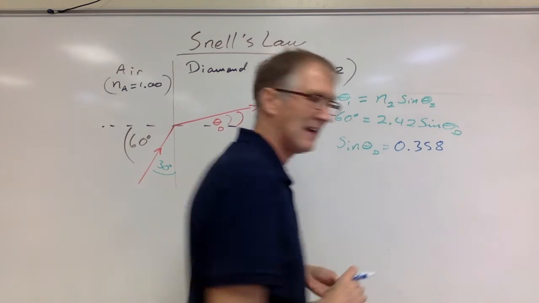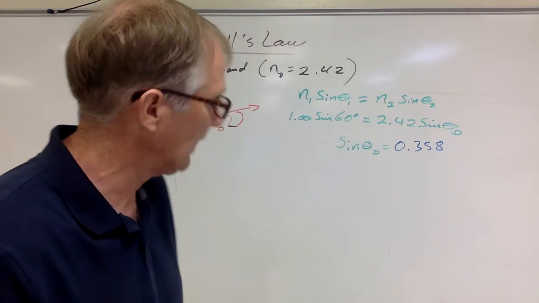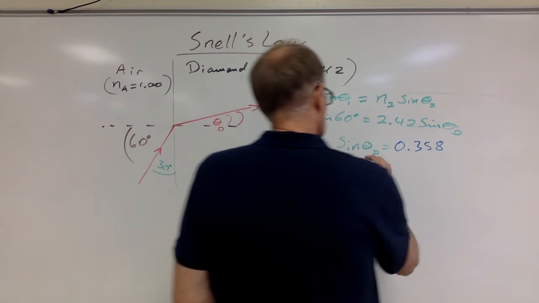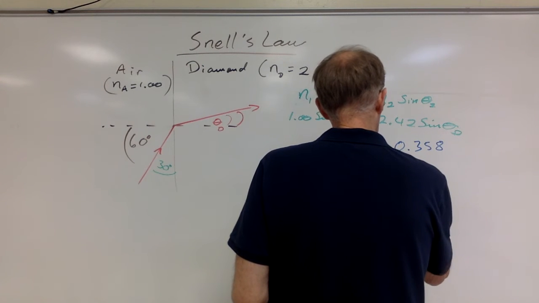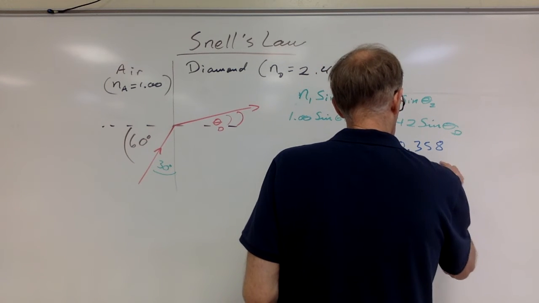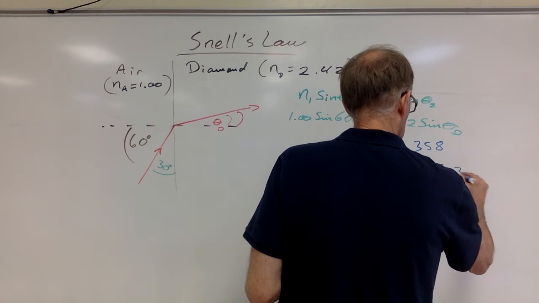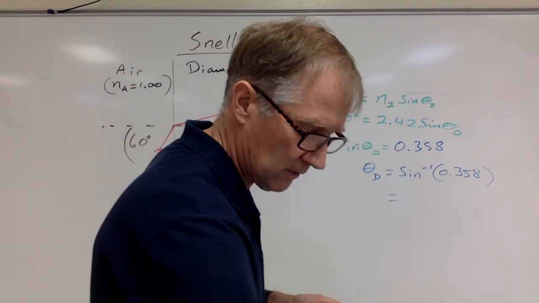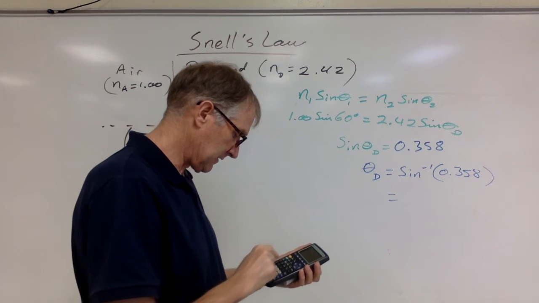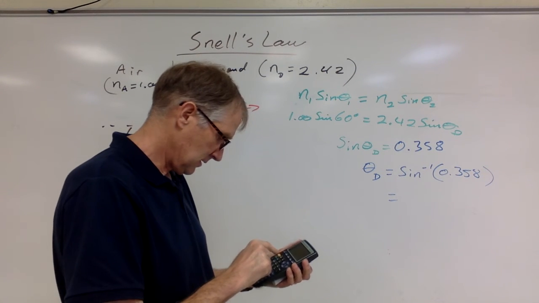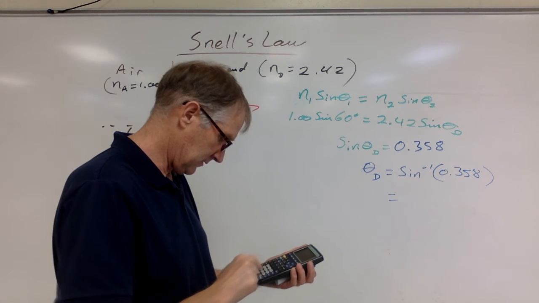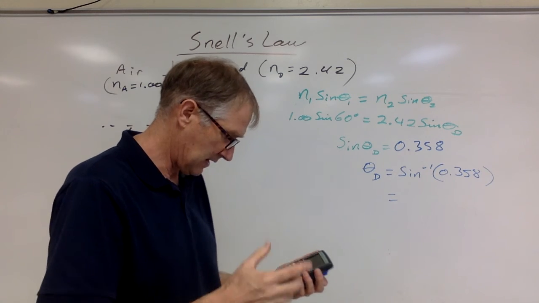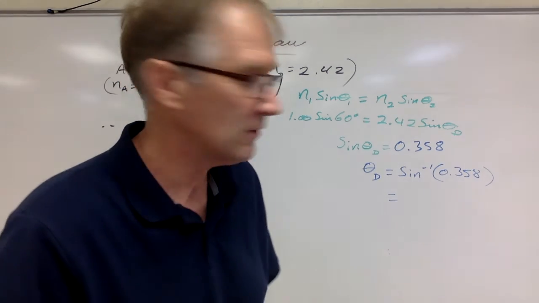But remember that's not the actual answer. I don't want the sine, I want the actual angle. So the angle is going to be the inverse sine, arc sine of 0.358. On my calculator, the answer there is 20.9, it's 21 degrees.